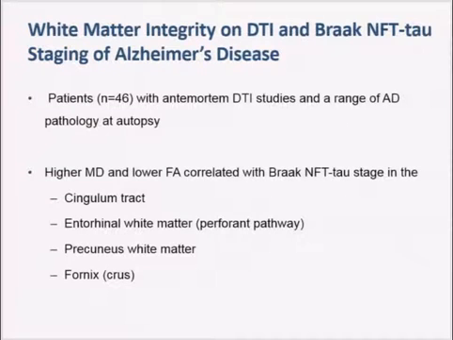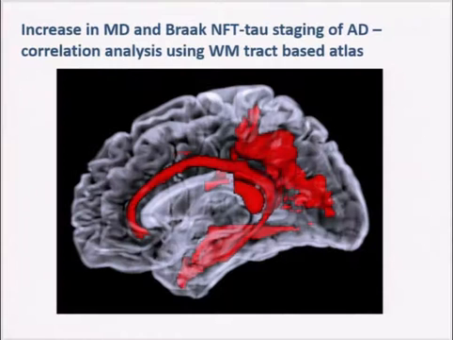We looked at their mean diffusivity and FA values in those tracts particularly involved in Alzheimer's disease. When we correlate those with Braak neurofibrillary tangle stage, we see that those limbic tracts are particularly involved with the staging and amount of tau pathology in the brain.